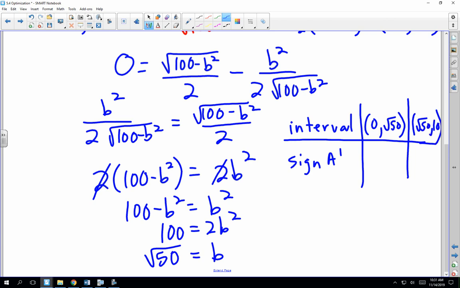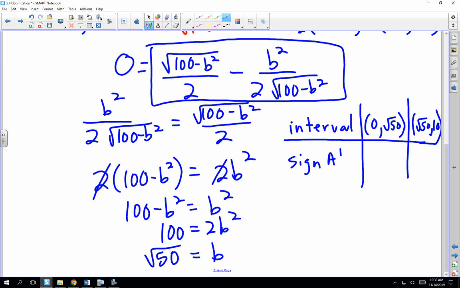And here's what's happening. If I plug in some value between 0 and root 50, oh, maybe 5. If I plug 5 in right here, what kind of sign do I get? Slightly bigger over there, so it's going to be positive.